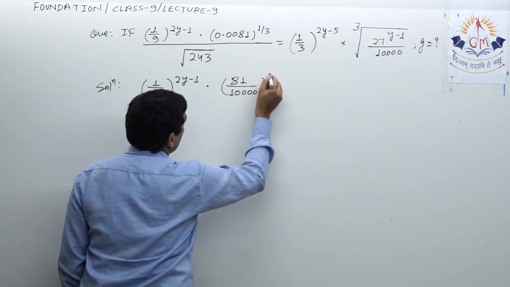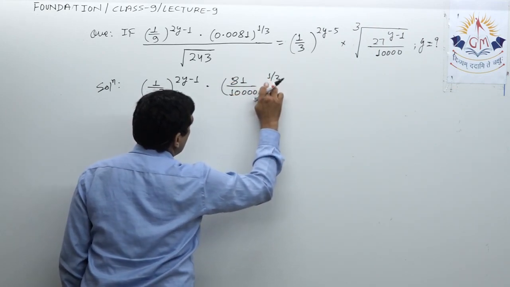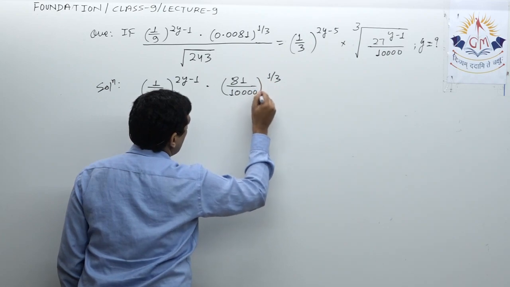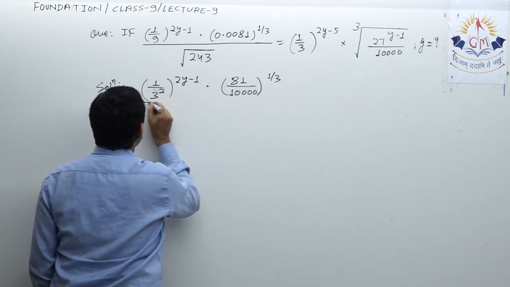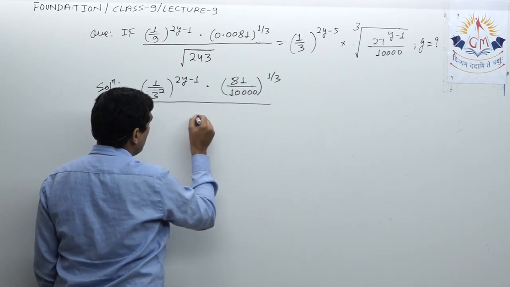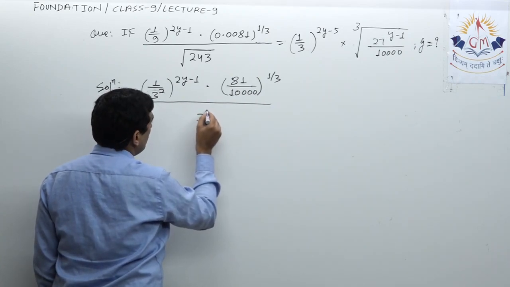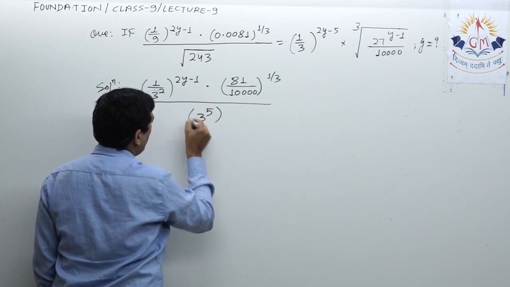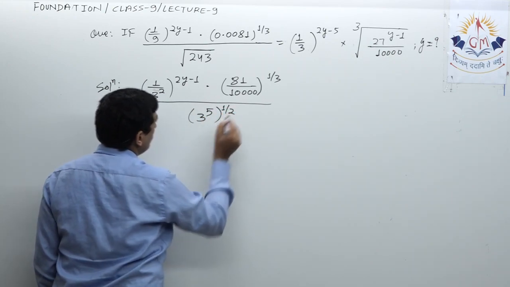10,000 raised to 1 by 3, divided by 243, that is 3 raised to 5, raised to 1 upon 2.